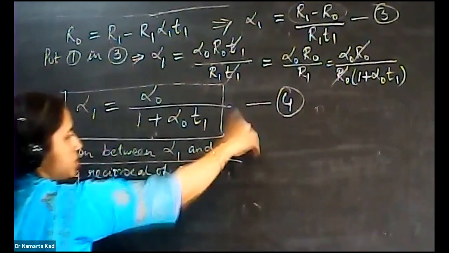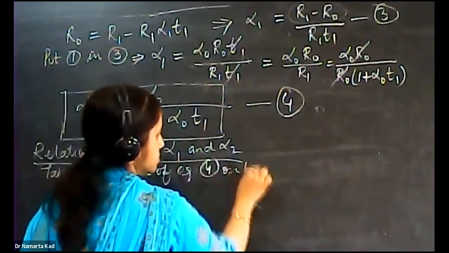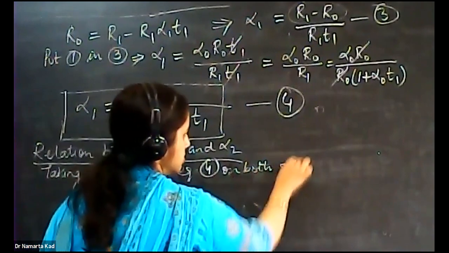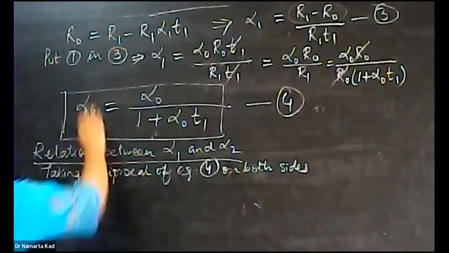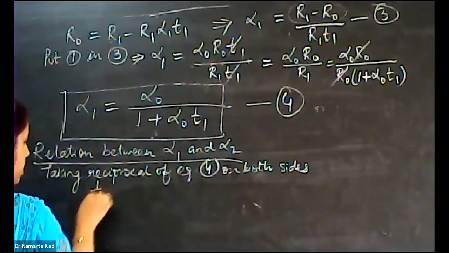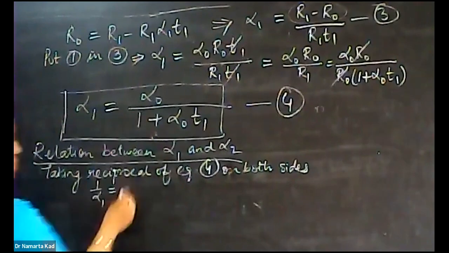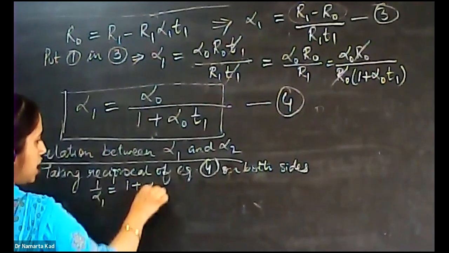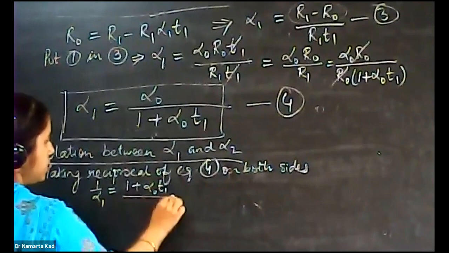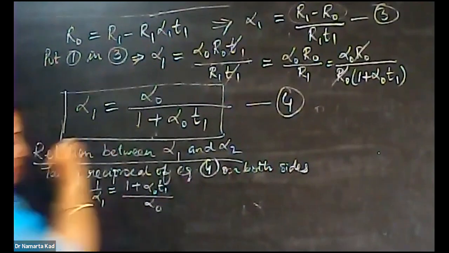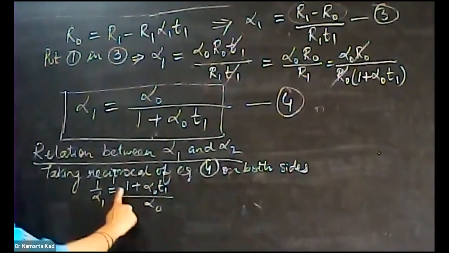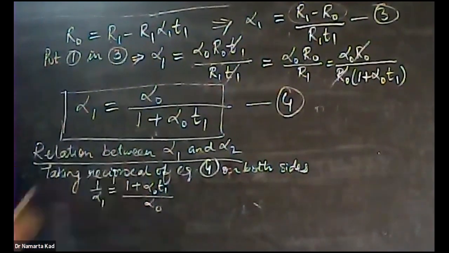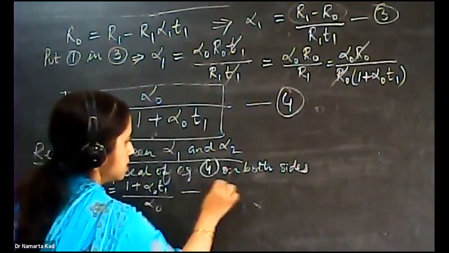That means this equation on both sides, इसका reciprocal कर देना है, so it comes out to be 1 upon alpha 1 is equal to 1 plus alpha naught T1 divided by alpha naught. Mark this as equation number 5.